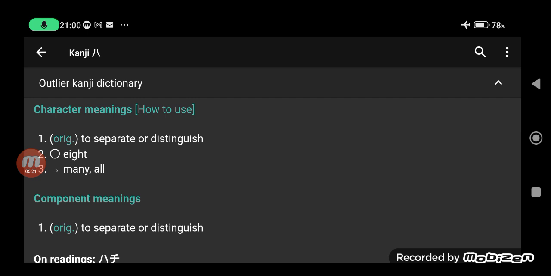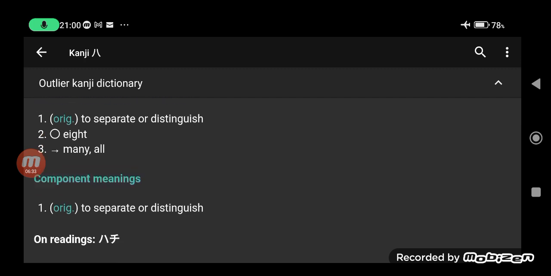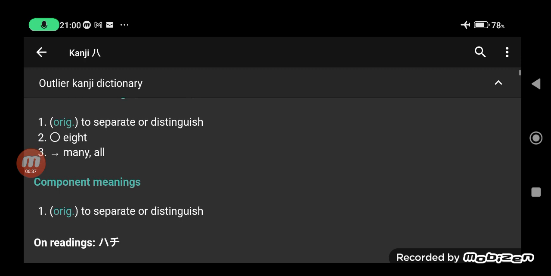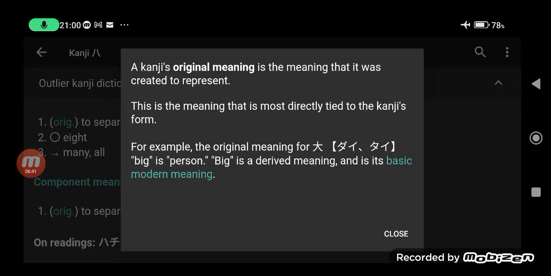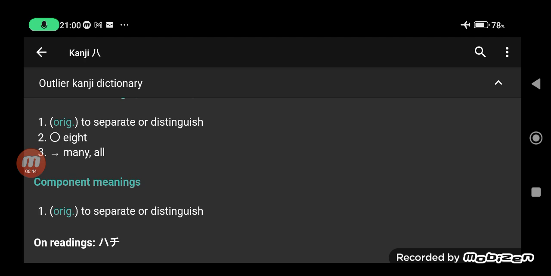The original character meaning, which is the Chinese meaning, the mainland China meaning, is to separate or distinguish. But here the second meaning is 8, which is the one that is used in Japan. The original meaning is probably used in mainland China, or probably in Taiwan also.